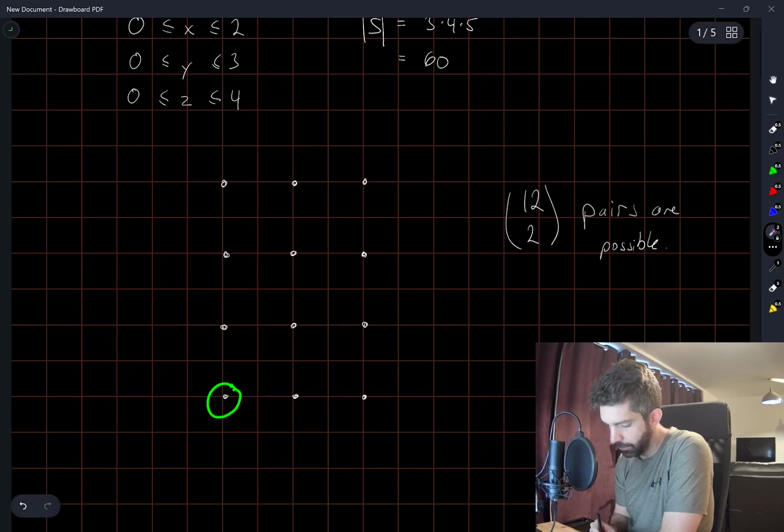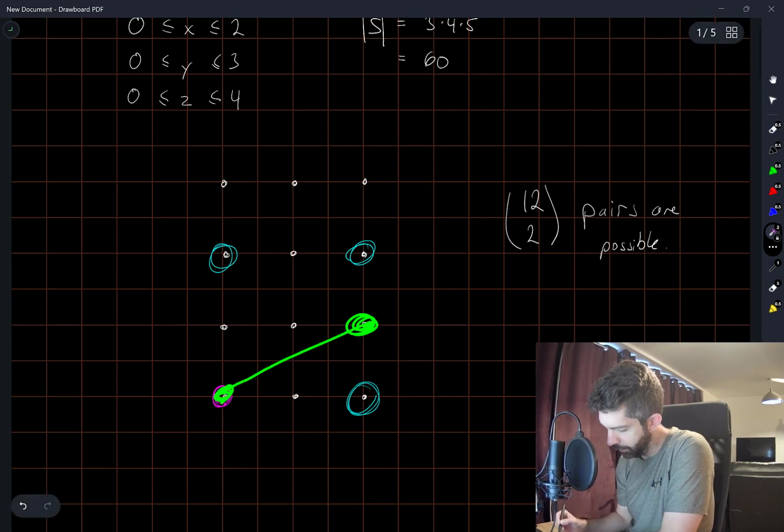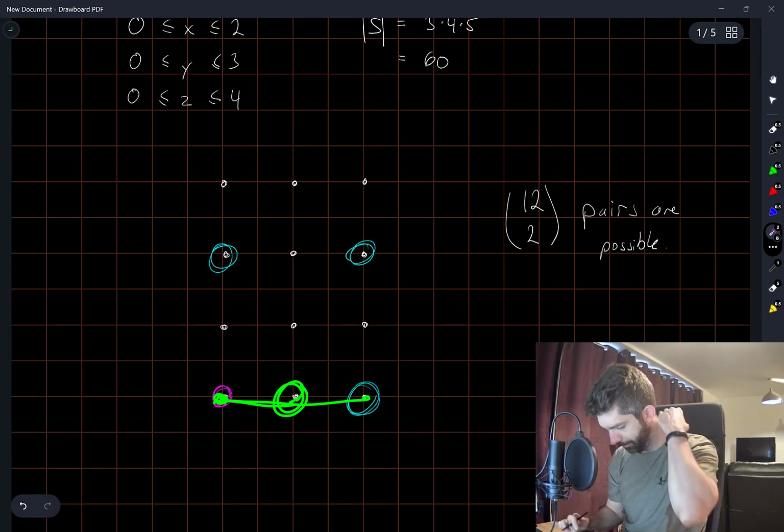If this is one of the points, then only these 3 points in the pair end up working, right? Because if this is the point in the pair, the midpoint is not in the set. If this is the point, then the midpoint is not in the set. But if I take this one, for example, then the midpoint is in the set.